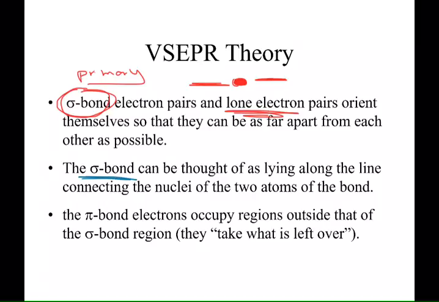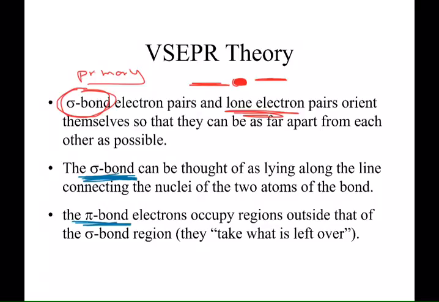We said that the sigma bond, the primary bond, lies between the two nuclei, and that the pi bonds' electrons actually lie outside. So if you're thinking of a hot dog sandwich, the sigma bond is the hot dog, and the pi bond is the bun, okay?